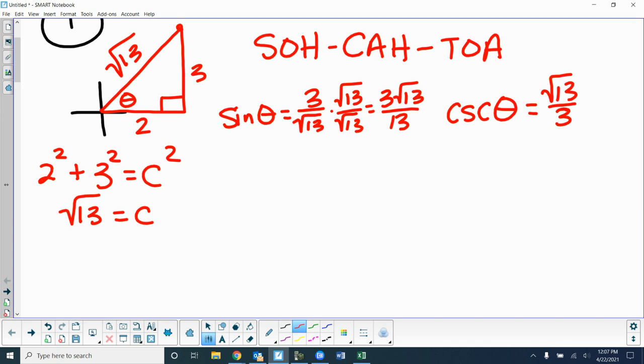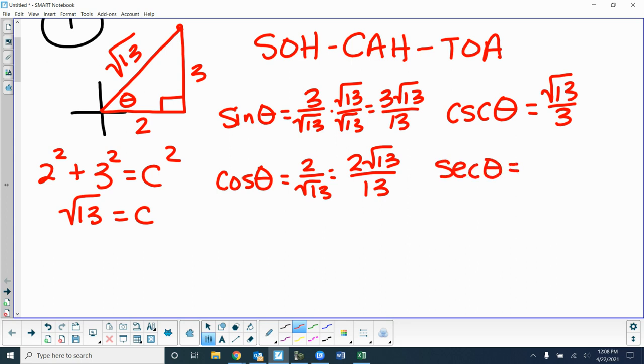Yeah, just remember. Okay, cosine, adjacent, A over hypotenuse, H, 2 over the square root of 13. You do the same thing, so it's going to be 2 times the square root of 13 over 13. Secant is the reciprocal of cosine.